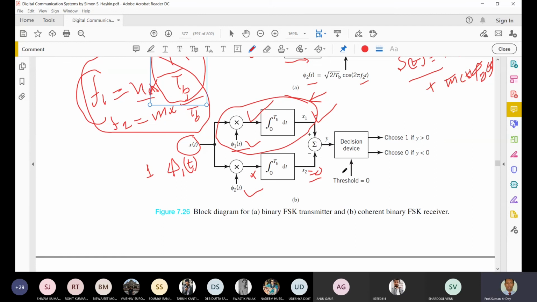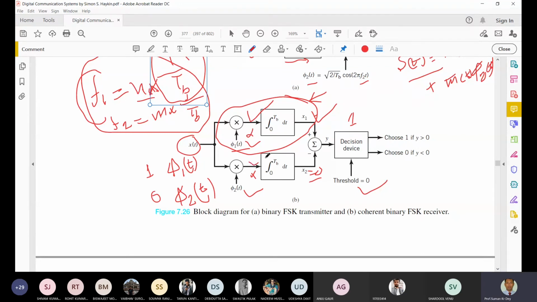And normally what we are doing, we are putting it in the decision device with the threshold of 0. So whenever the y value is greater than 0, that means we are sending 1. Okay. And now if we send 0, that means we are sending the signal with the basis function of phi 2 t. So when phi 2 t is multiplied with phi 1 t, it will be 0.